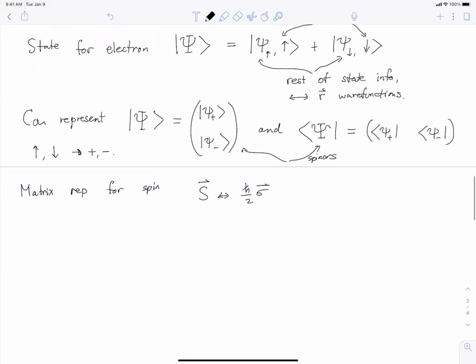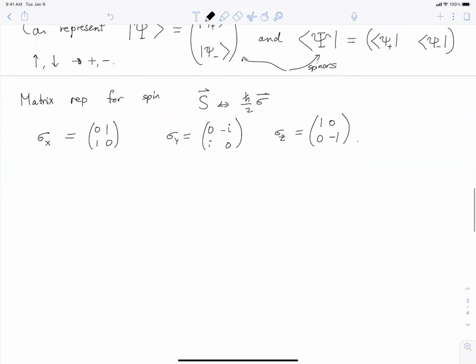So the x component of the Pauli matrix vector is 0, 1, 1, 0. The y component is 0, -i, i, 0. And the z component is 1, 0, 0, -1. So we've covered this before, but this is just a review.